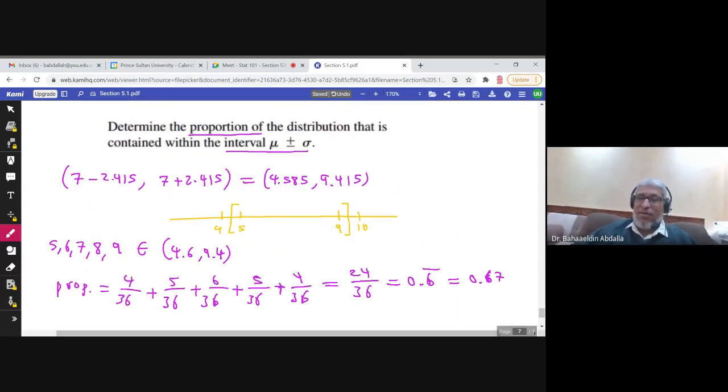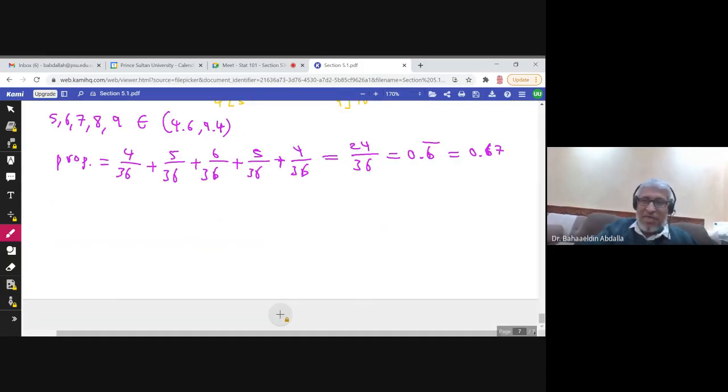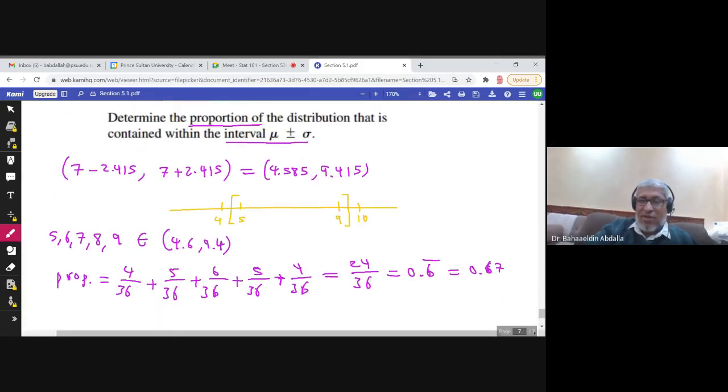Do you remember the empirical rule? The empirical rule says what percent of data lies in the first interval? Approximately 68. It's 67. It's close to 68. Okay, approximately 68. We have 67 percent of the data in the first interval.